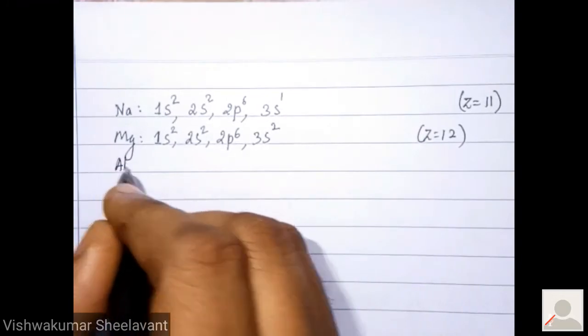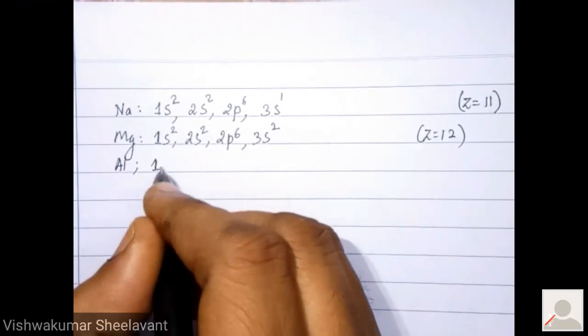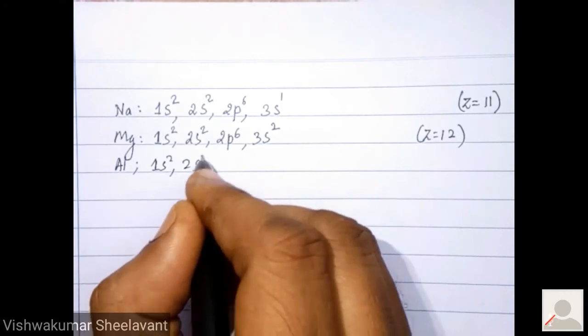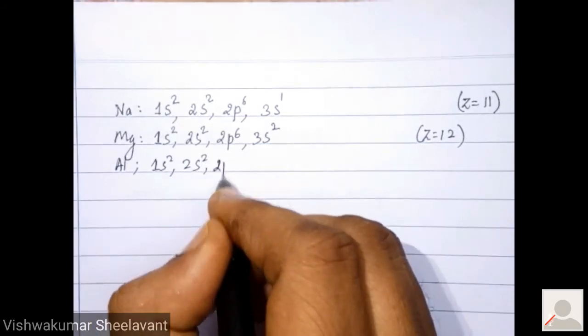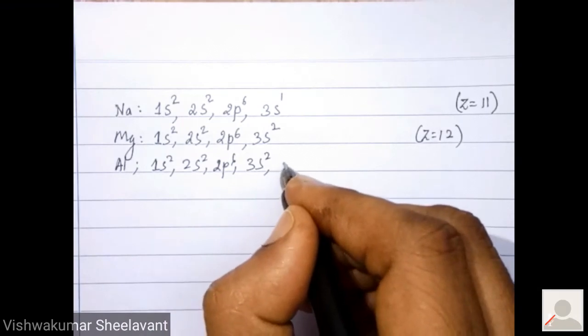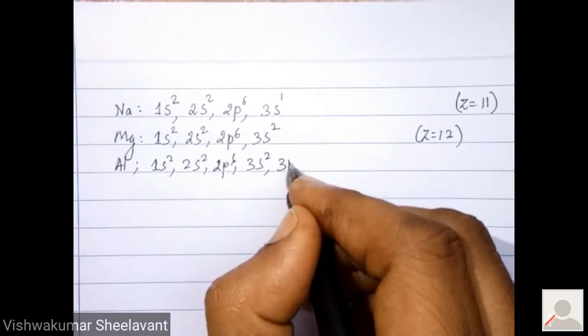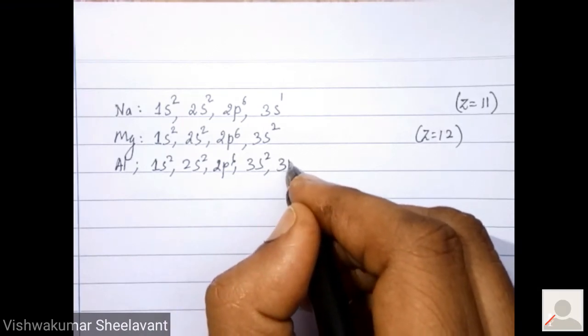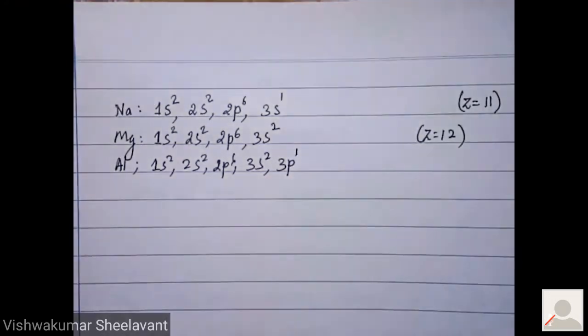Aluminium: 1s square, 2s square, 2p6, 3s square, 3p1.